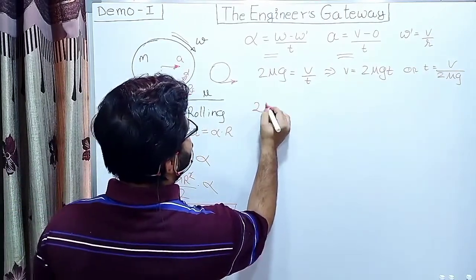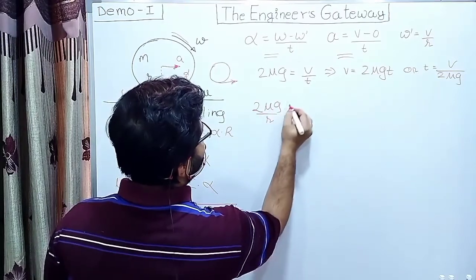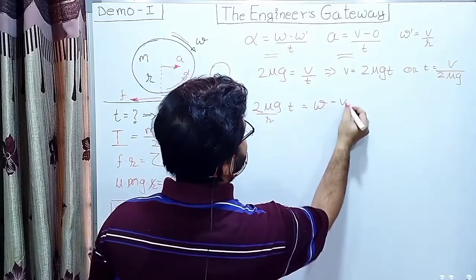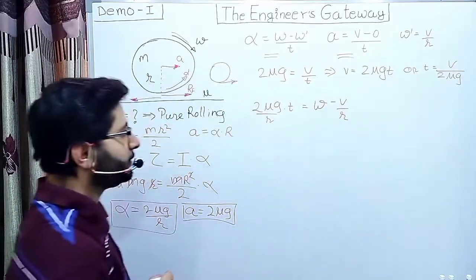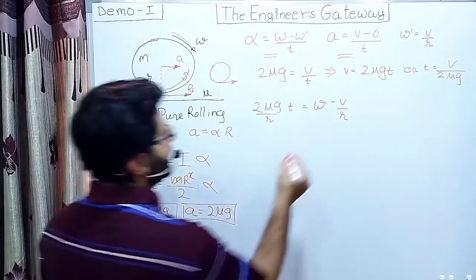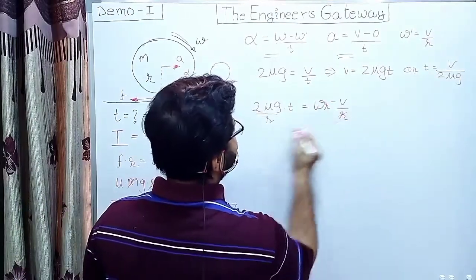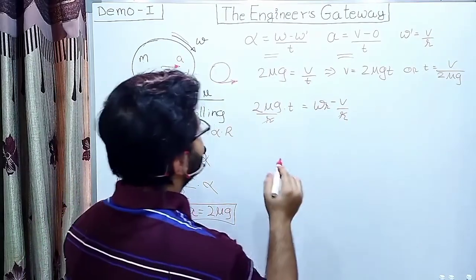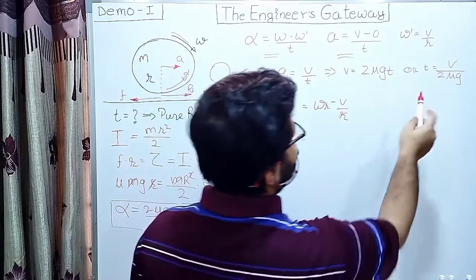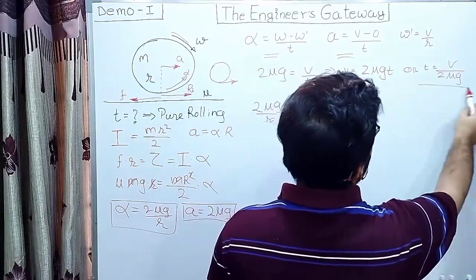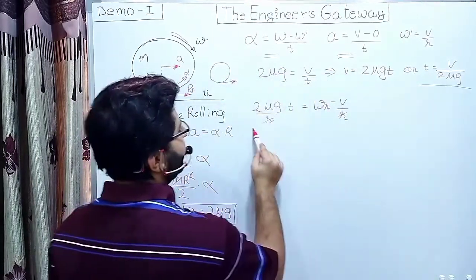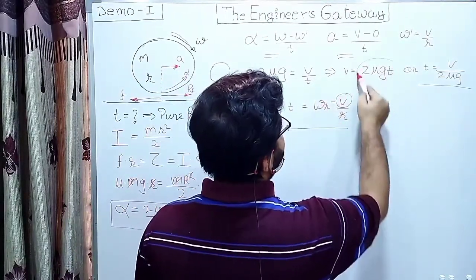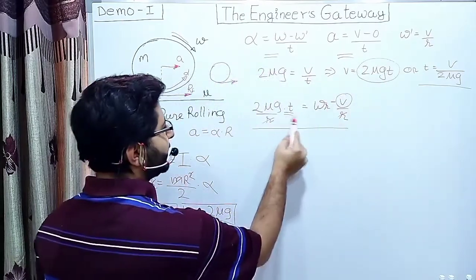Multiplying by r we get omega r over here, this r gets cancelled. So we had this equation, t is equal to v by 2 mu g, and we have this equation. If we replace this v in terms of t, we can solve it for t.